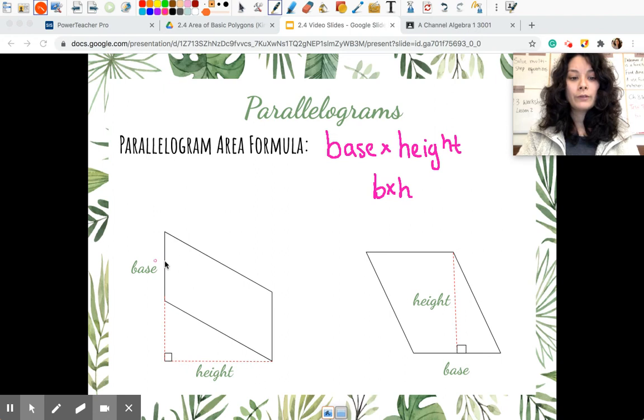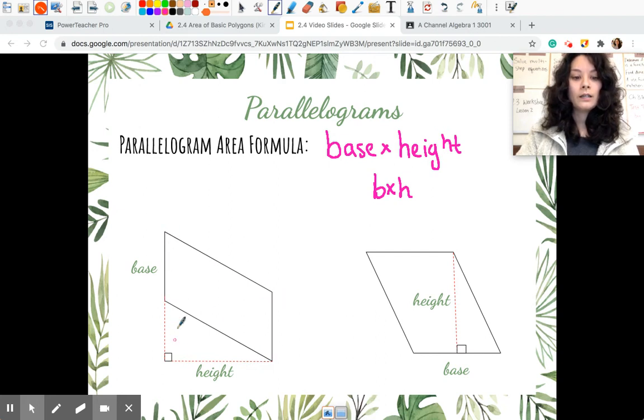So the only difference is here, and the reason I showed this is because some of the figures that you might work with might be presented to you like this, where it's actually giving you the height outside of the parallelogram. So these red dotted lines, that's not actually part of my shape. My shape is the shape that's formed by these black solid lines. So this is my parallelogram, the part where my pen is hovering.